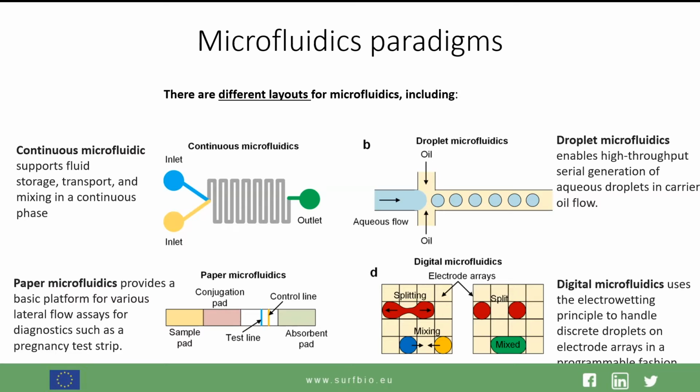The idea behind it is to enable high-throughput serial generation of aqueous droplets in a carrier or oil flow. The whole idea of generating droplets already existed before microfluidics. You can put drops from a pipette from one solution into another solution and so on.